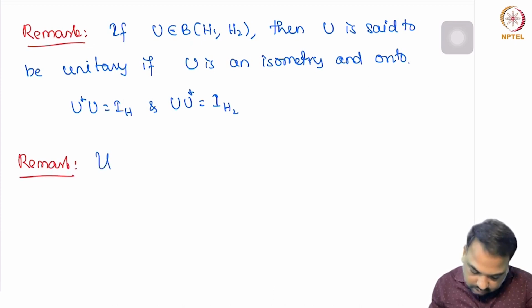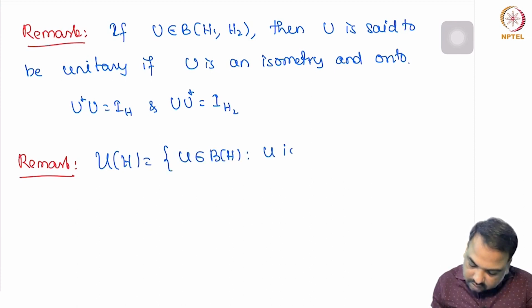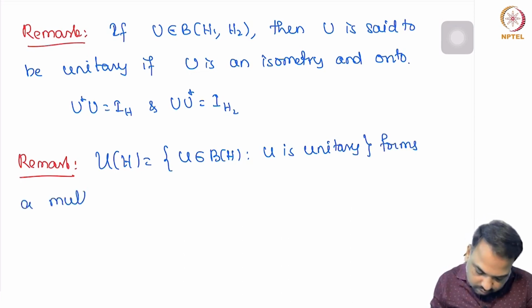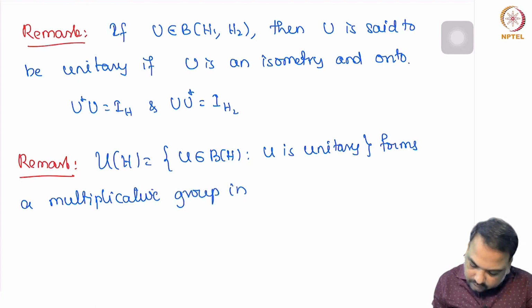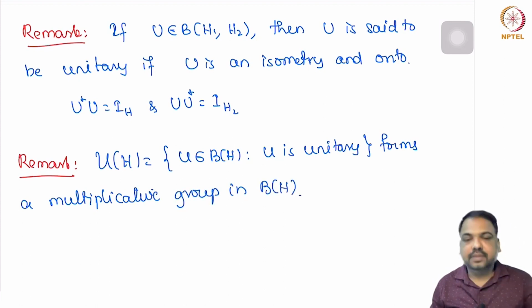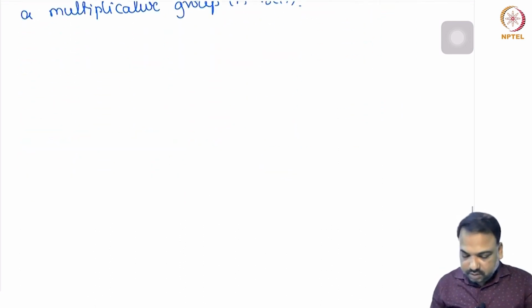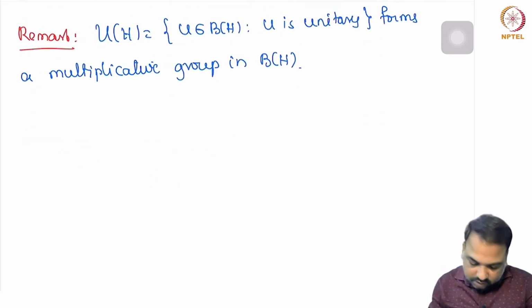You collect the set of all unitaries in B of H such that U is unitary, then it forms a multiplicative group in B of H. Okay, so next we discuss partial isometries.